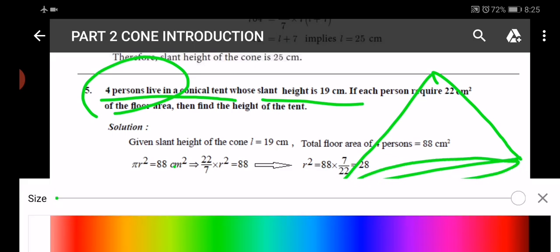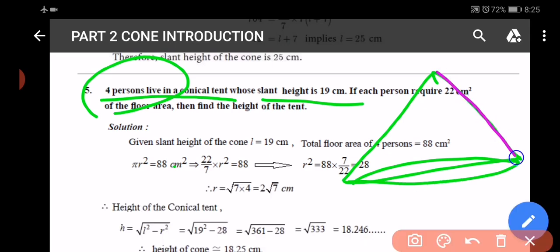This is the cone whose slant height is 19 centimeter, and each person requires 22 centimeter square of the floor area.